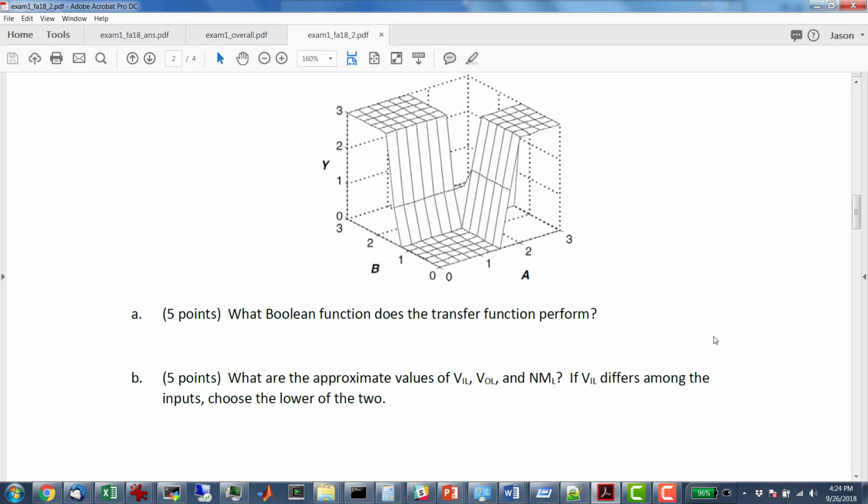Likewise on A, I think it's 1.5. And you might say, why are A and B different? I don't know. You can tell they're different, though, because the surface area here is different from the area here. I said in the question, if the A and B thresholds are different, use the lower one. So I think VIL is 1.25.